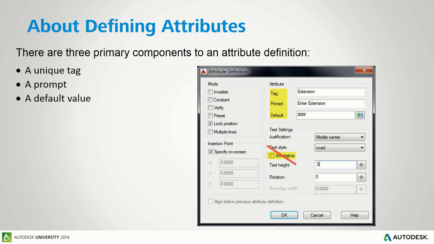So I create a unique style, which when I insert that block in another drawing, chances are nobody's going to have a style called VCAD, all right? So it's always going to keep that same look and feel that I assigned to it when I created it.